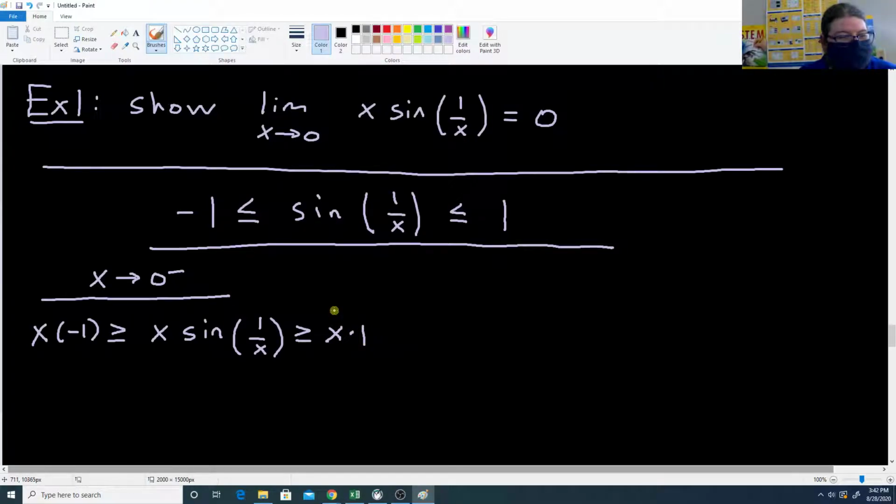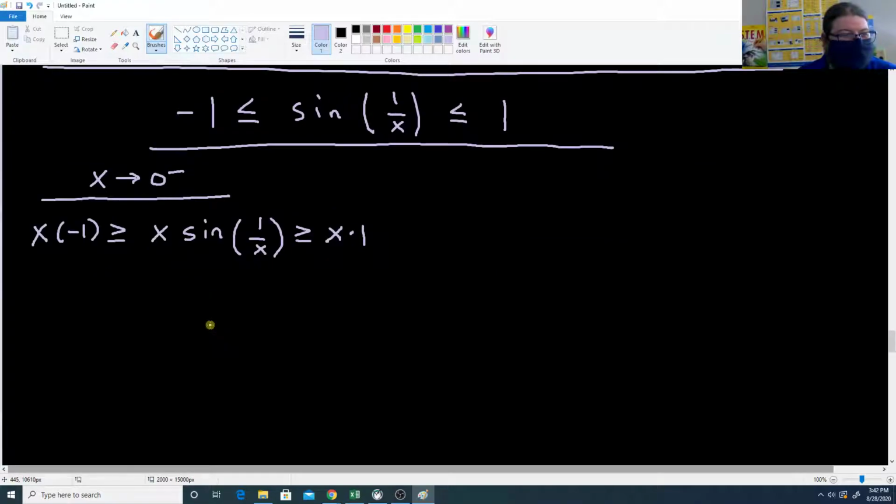And what I get is, if we're approaching 0 from the left, then negative x is bigger than or equal to x times sine of 1 over x, and that's greater than or equal to x. So x itself is the lower bound, and negative x is the upper bound. So x will be negative, and the minus a negative will be positive.